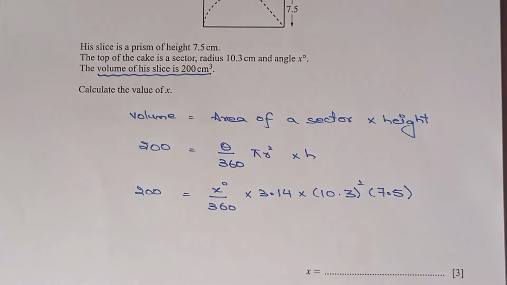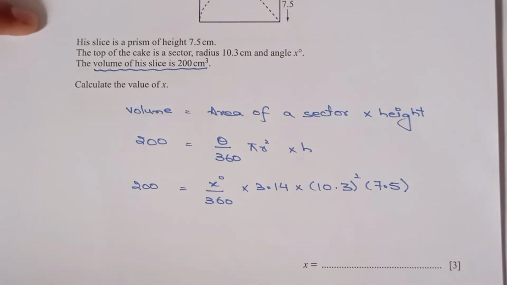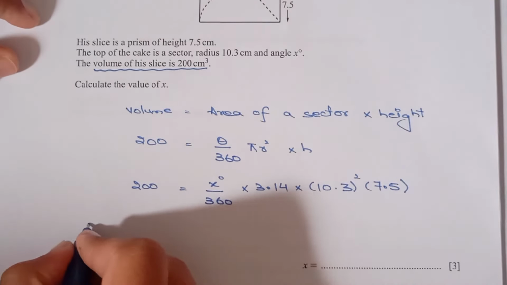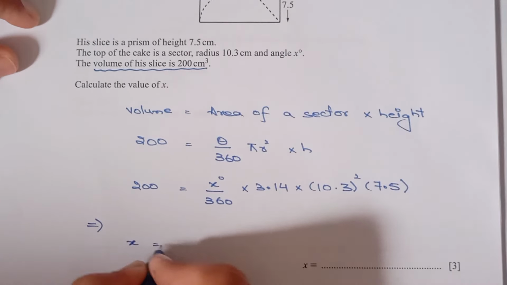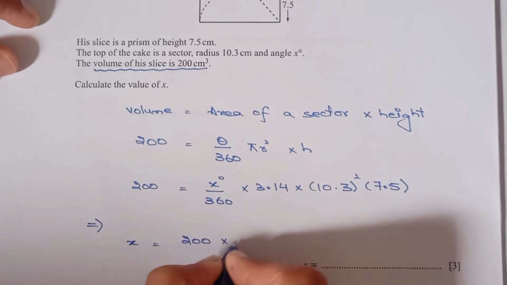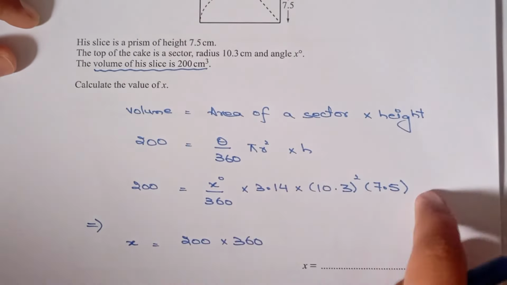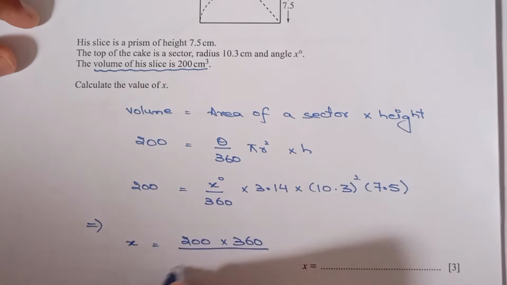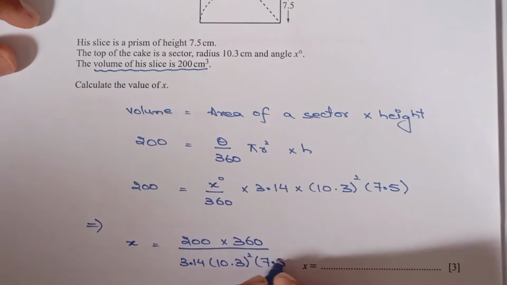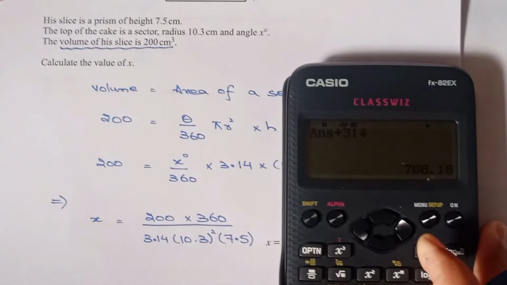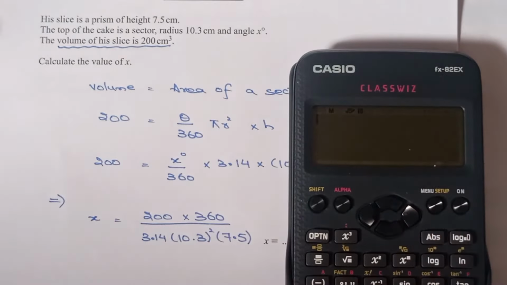Okay, now calculate the value for x. So x would be equal to 200 times 360, which is going to be divided by 3.14, 10.3 squared, and 7.5. So let me do it. 200 times 360 would be 72,000.